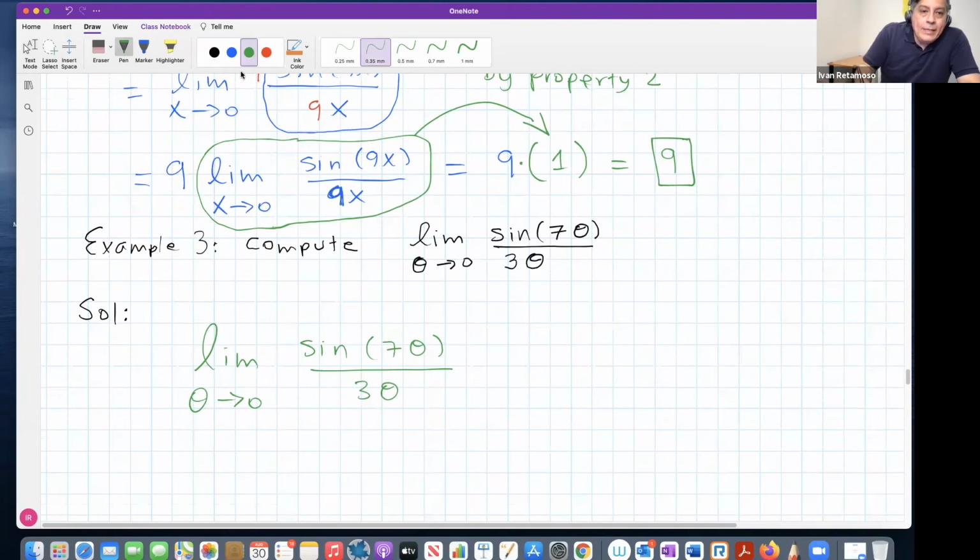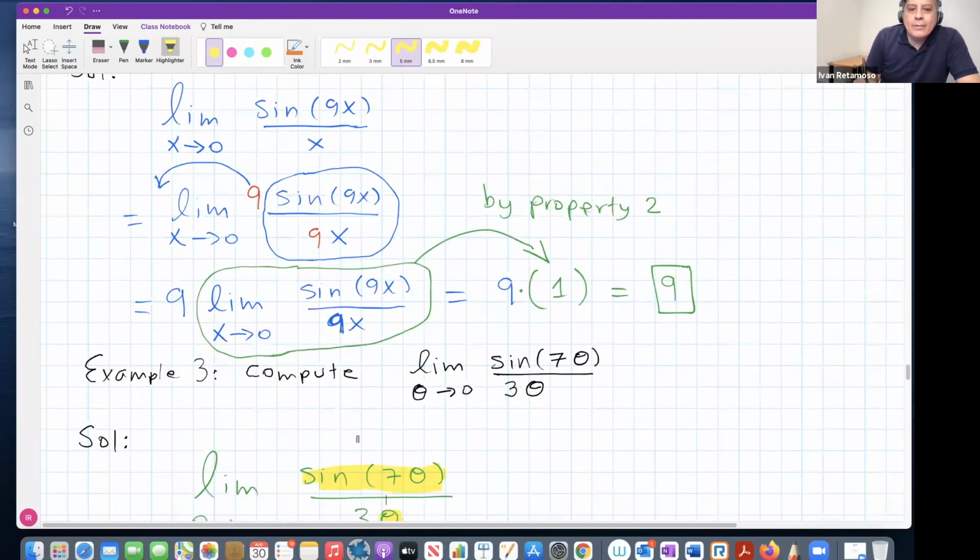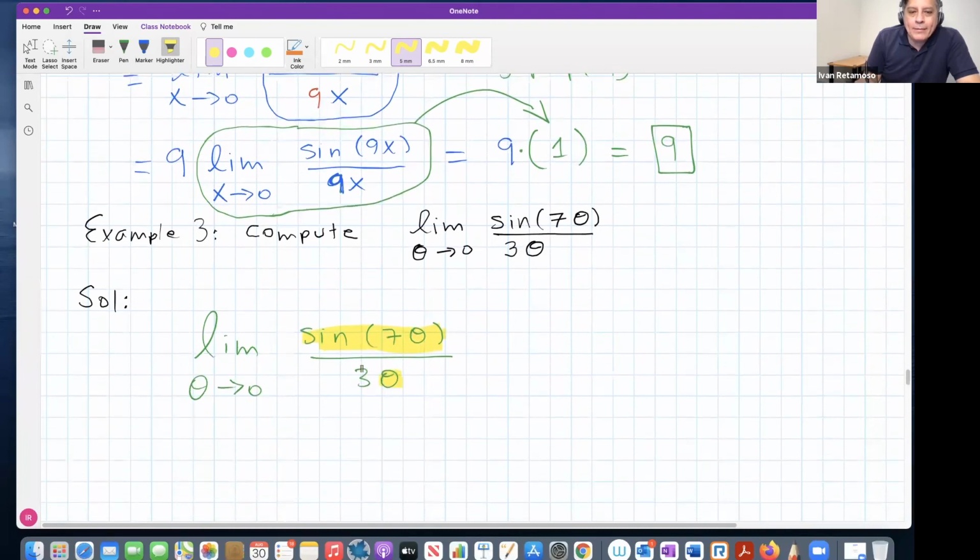All right, we just dealt with this form, sine of something times x divided by x. We just did that. Look, sine of 9x over x. So let's try to separate this part from the number 3, because we know what to do with this part. We're going to apply that technique.